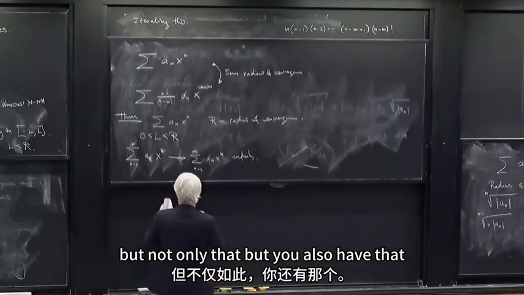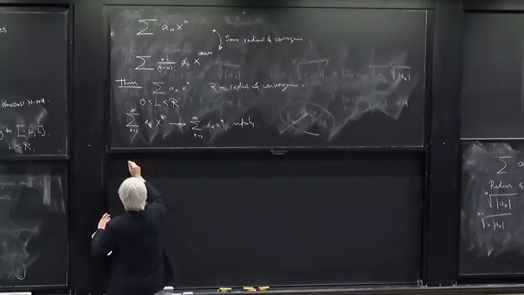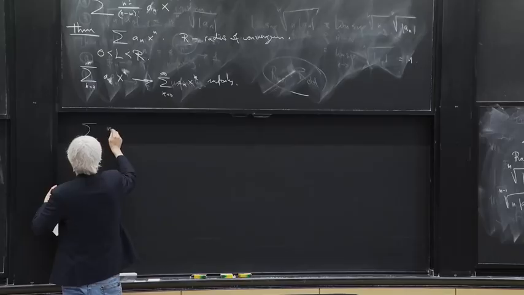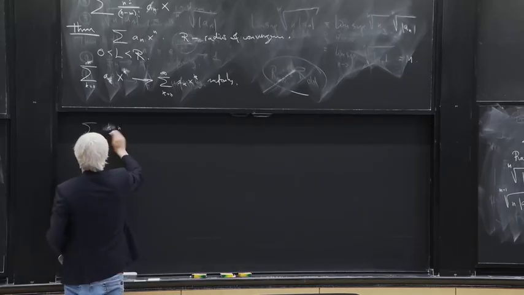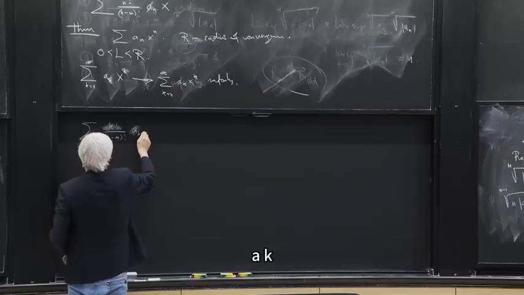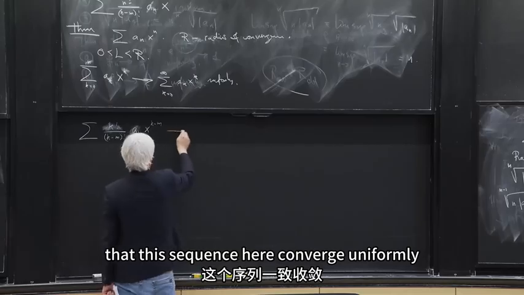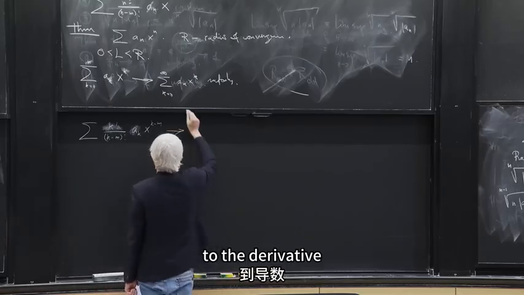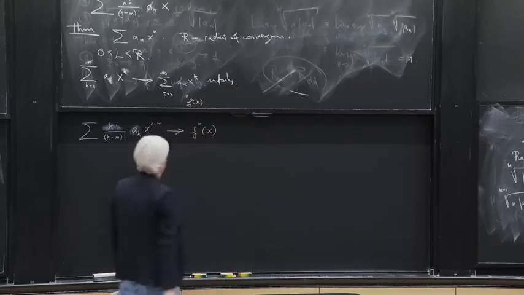But not only that, more interestingly, you also have that this sequence here, k factorial divided by k minus m factorial, a_k x^(k minus m), converges uniformly to the m-th derivative of f.